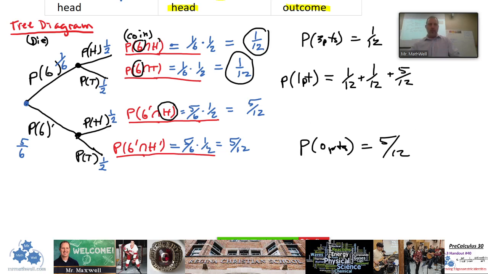But this one over here, I've already counted, haven't I? So I could get a 6 for this one, 6 for this one, and a head for this one. So I have to be careful here. So the probability of 1 point. So he would get 1 point here, and 1 point here.